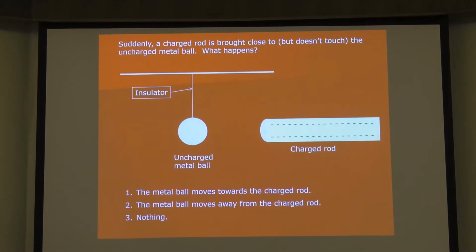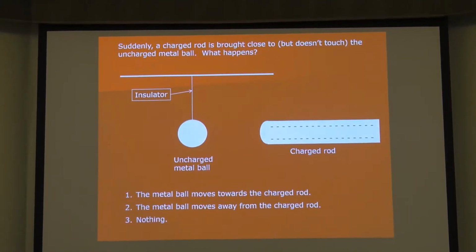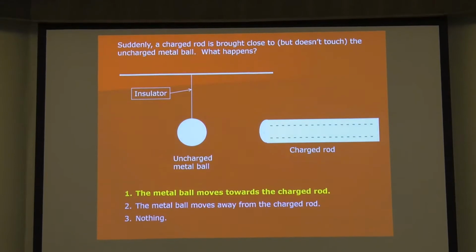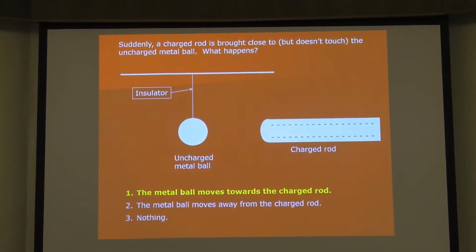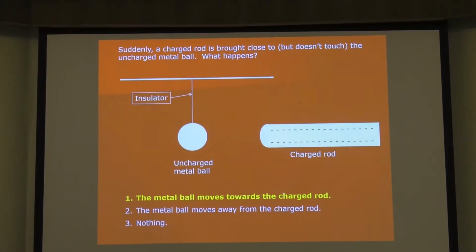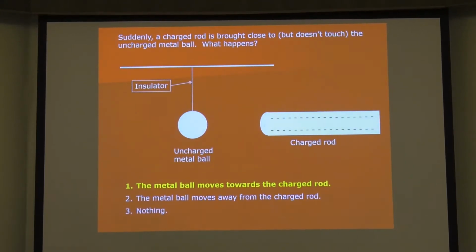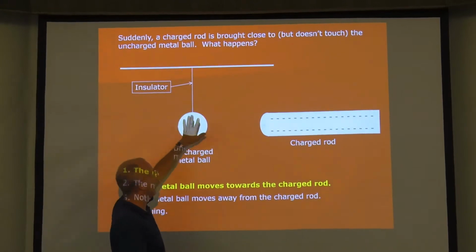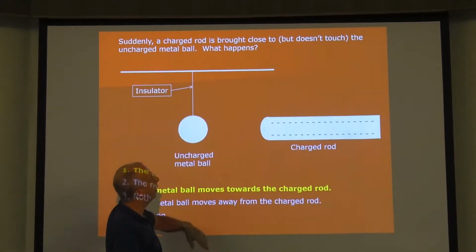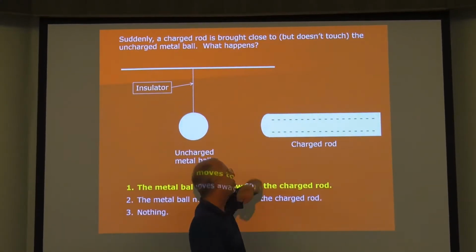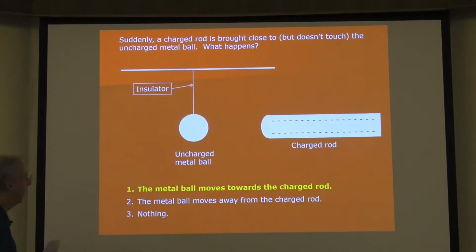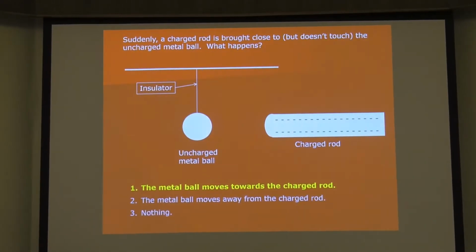So everybody pause your video and figure it out. All right, what happens is this. The metal ball moves towards the charged rod. Now this should seem strange to you. Come on, this is neutral. Why should something neutral be attracted to something charged? That's weird, right? Well, let's talk about that now.